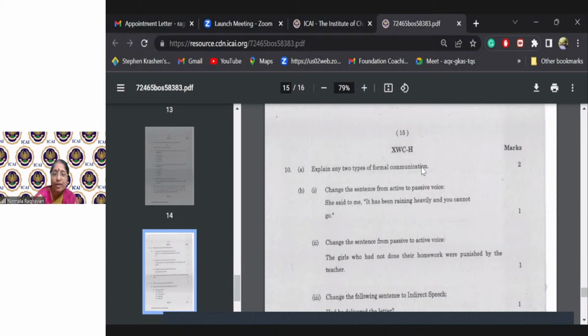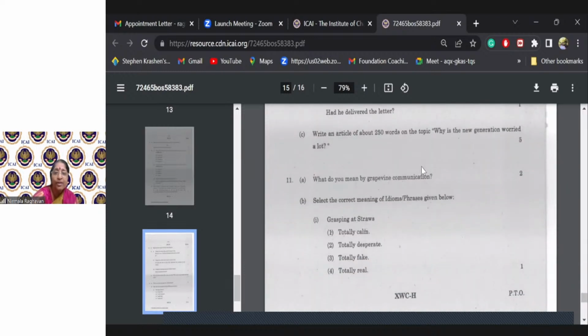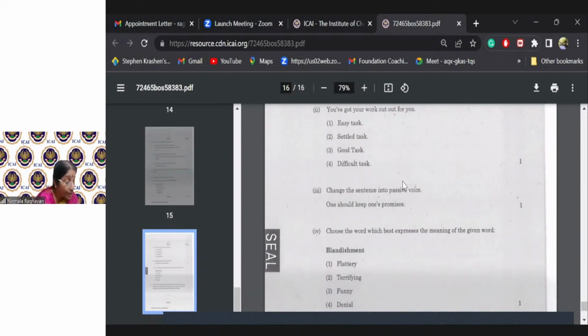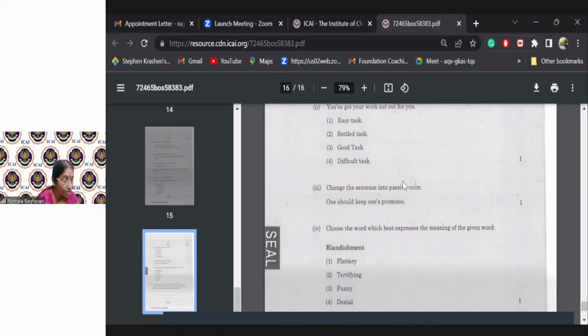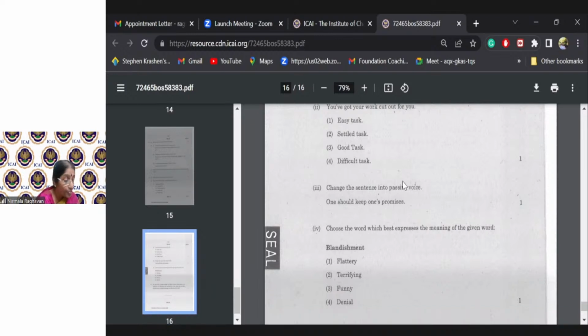So you know how to answer that. Let's not waste time. Then you have, what do you mean by grapevine communication? So that is gossip at office or informal conversation in the office space. That is called grapevine. It has its own advantages to understand employees better and to enable them to have social interaction within the office space.